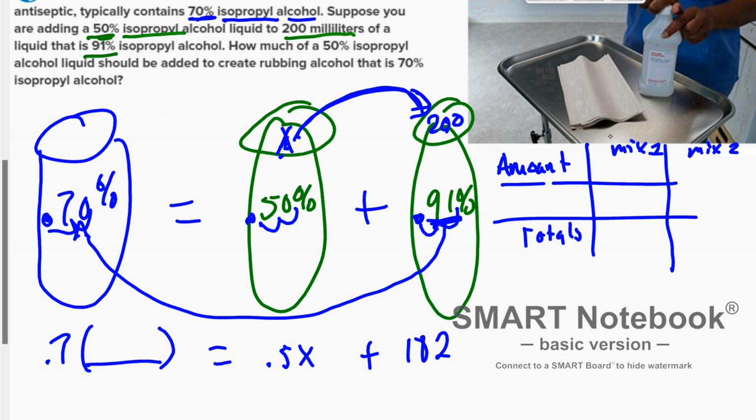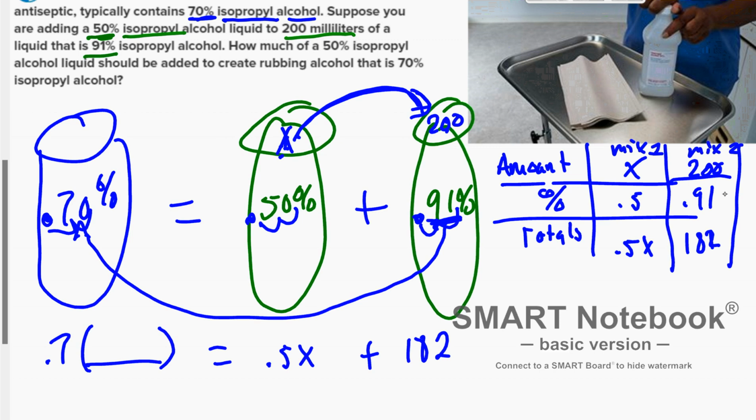Mix 1 we can say the amount is this first one, x, and we know our percent is 0.5. And then we know for mix 2, we're going to put in 200 at 91%. So when we multiply these, we get 0.5x, and we get 182.